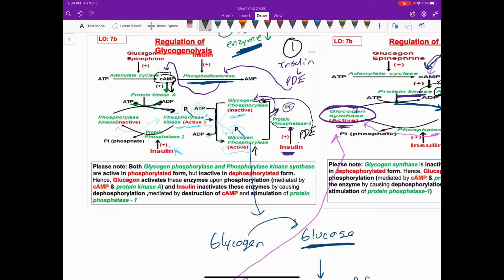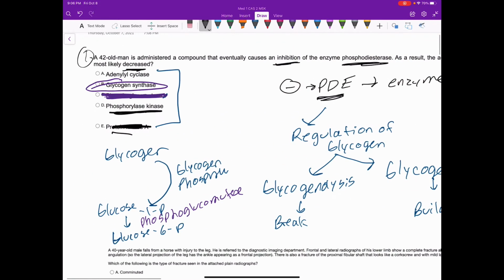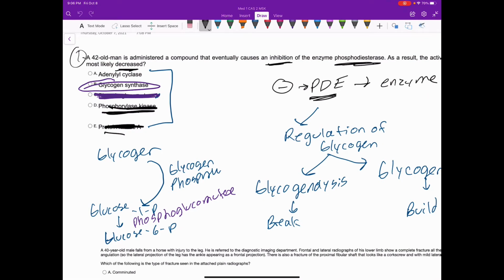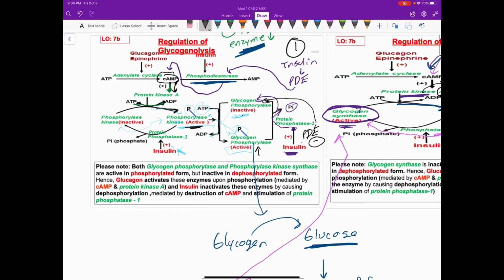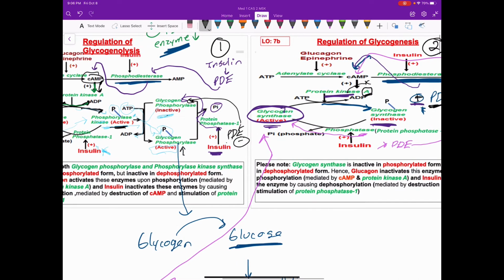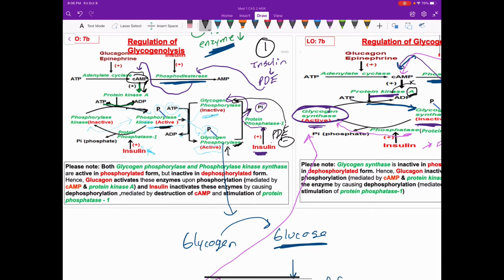This inactive form is then going to be converted back down, and phosphorylase kinase is going to be active. Well, he'll be inactive if we turn off PDE. So is phosphorylase kinase going to be decreased? No. He's not going to be increased either. Nothing's going to happen to him because we can't turn off this glycogen phosphorylase using PDE. So he'll be normal.